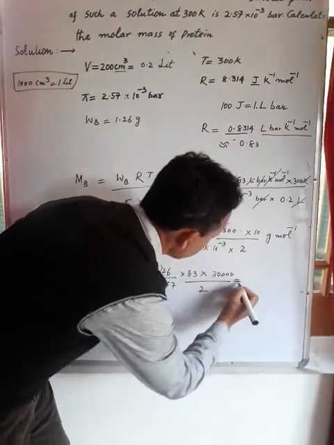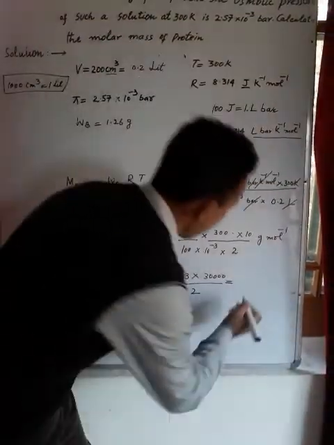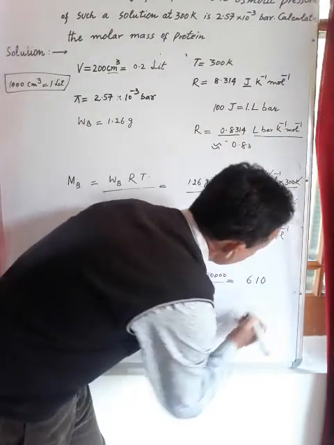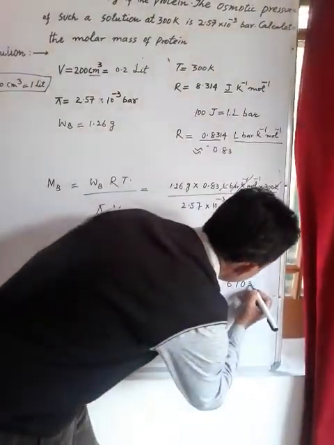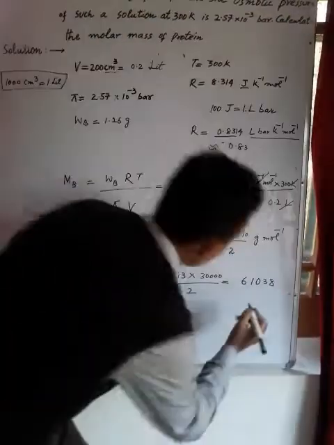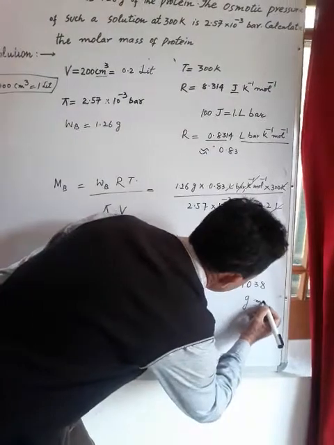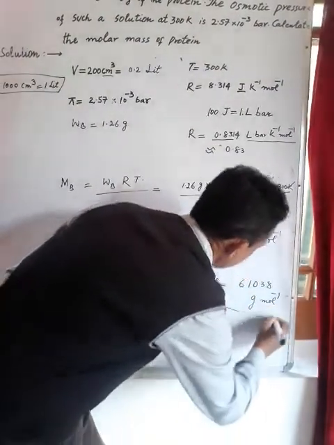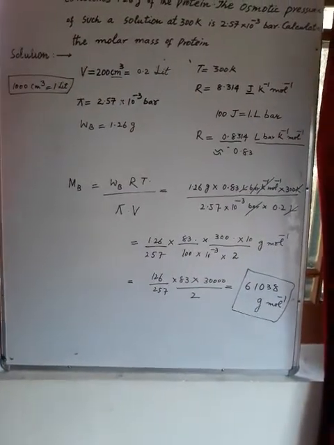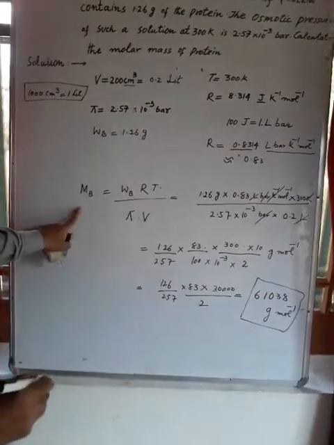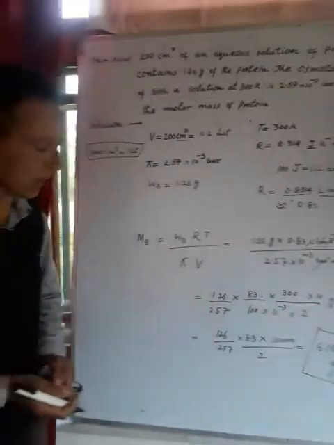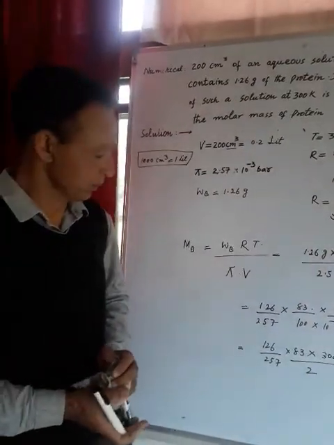When we solve it, its value comes out to be equal to 61038 grams per mole. This is the value of the molar mass of the solute, which is the protein. Thank you.